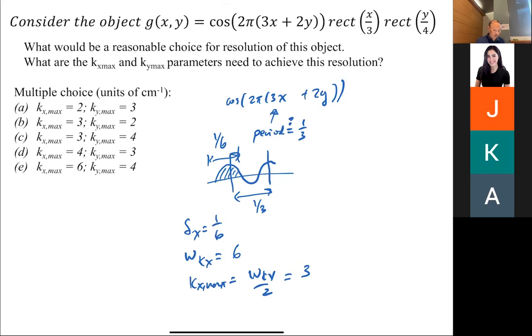And I think if you go through the same reasoning, then you'll find out it's B, right? You could also have done that by just looking at this is a frequency of 3 and this is a frequency of 2. So that's where you'd want to go. All right. And notice this has no effect on your answer. Just as in the previous question, this had no effect on your answer. Okay. So any questions on that?